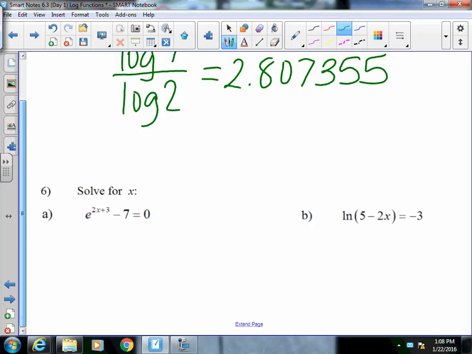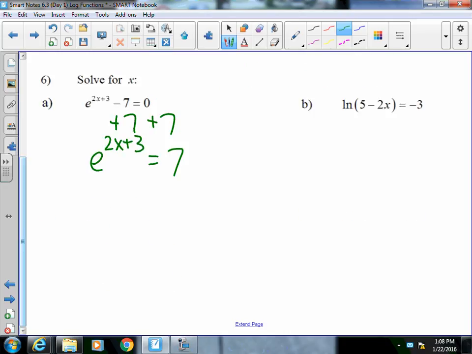Now we're going to solve for x. As I look at this first one, letter A, I notice that my x is in an exponent. To solve for an x, I have to get it out of there. But before I can get it out of there, it has to be in exponential form. And it is not in exponential form as long as this minus 7 is here. So I'm going to add the 7 to the other side. I've got e to the 2x plus 3 equals 7. Now, I can change the form to natural log, because we have an e, of 7 equals 2x plus 3.